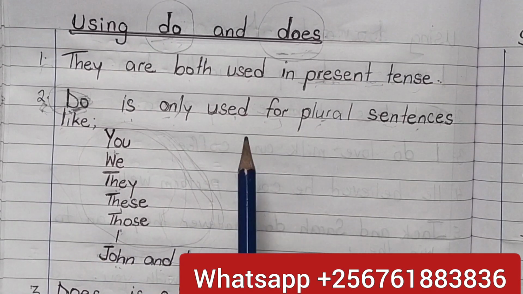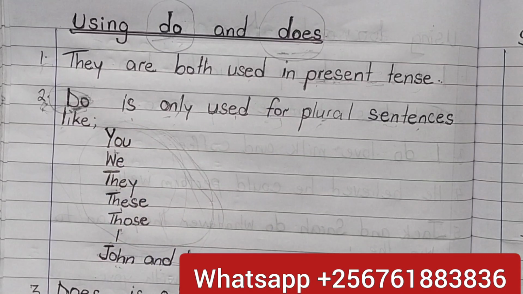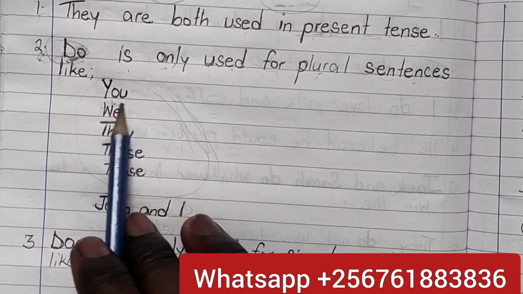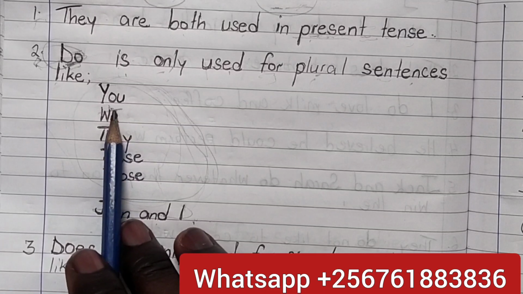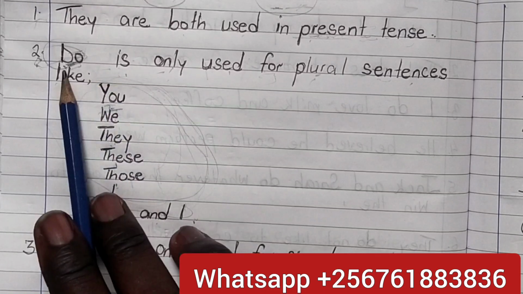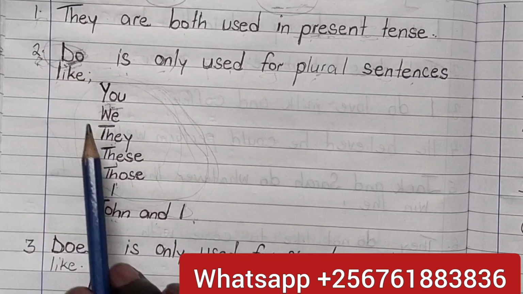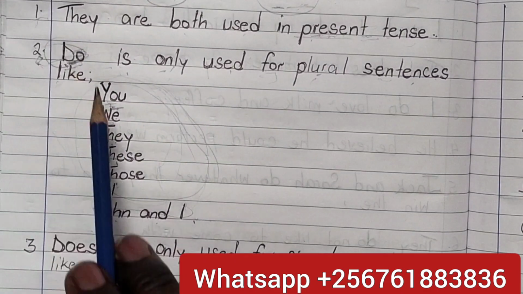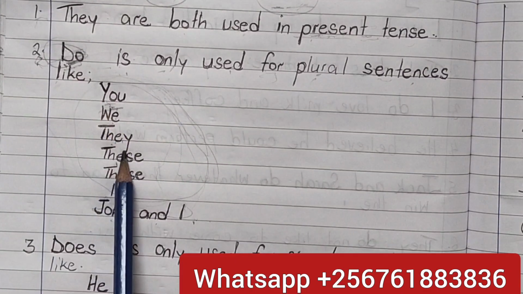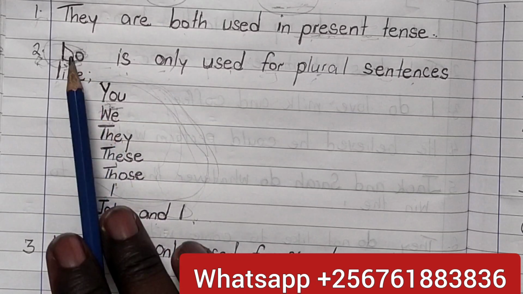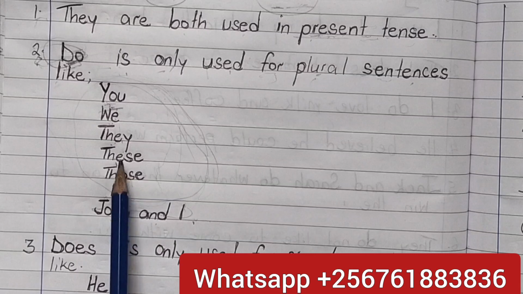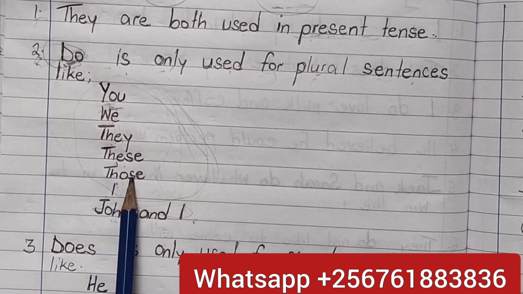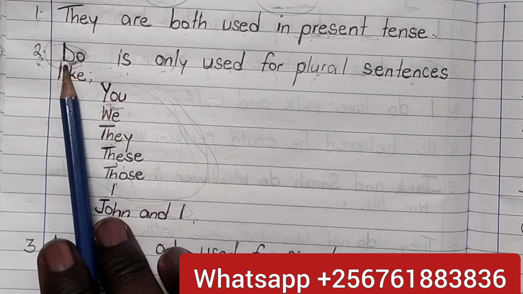If the pronoun is plural, for example, you, meaning many, or you can be talking about a third person, we use do. You do. We do. They do. They do their homework. We do our homework. You do your homework. These people do their homework. Those children do their homework.